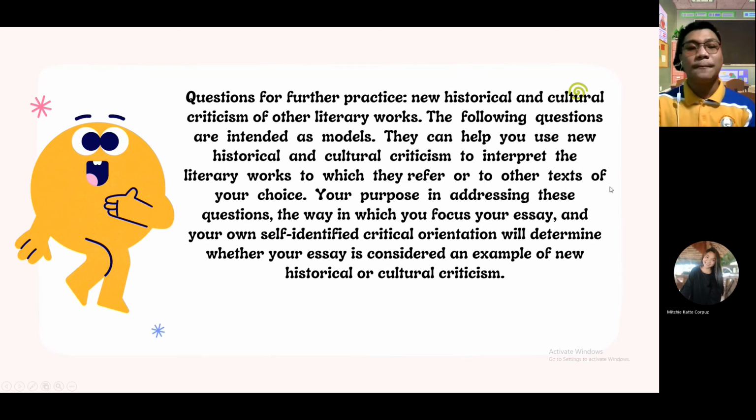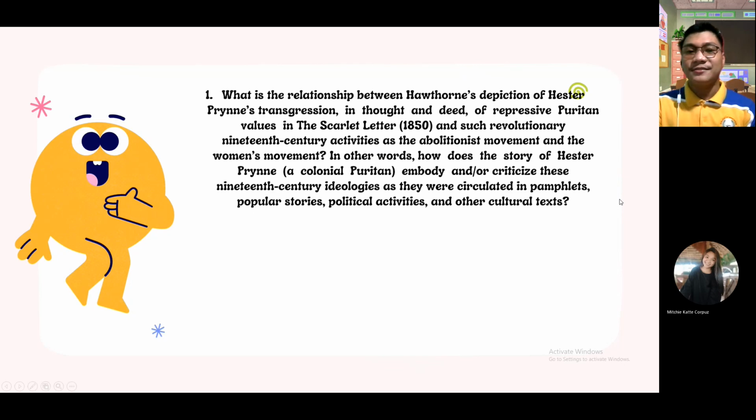So next slide, please. Basically, we have some examples of stories that use these guide questions. The first one: what is the relationship between Hawthorne's depiction of Hester Prynne's transgression in thought and deed of repressive Puritan values in The Scarlet Letter in 1850, and such revolutionary 19th century activities as the abolitionist movement and the women's movement?